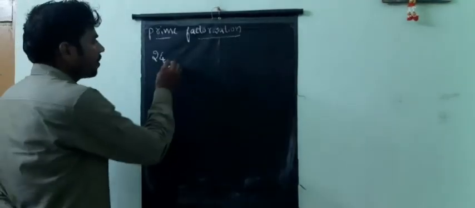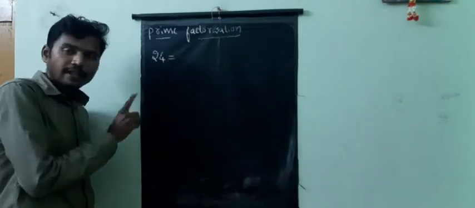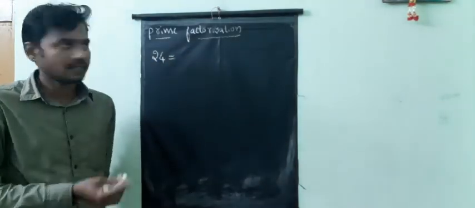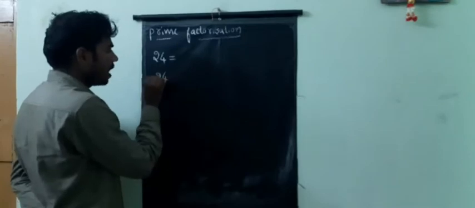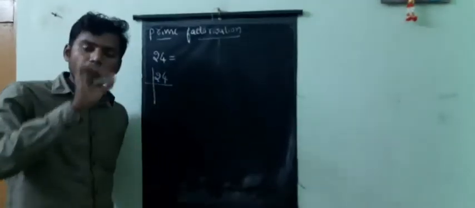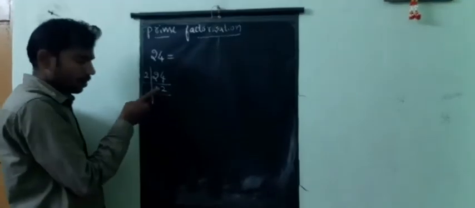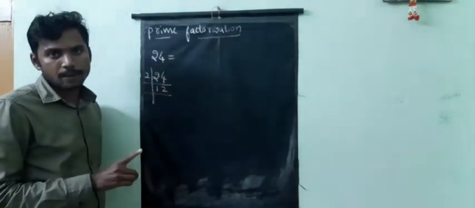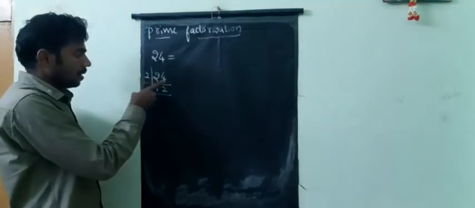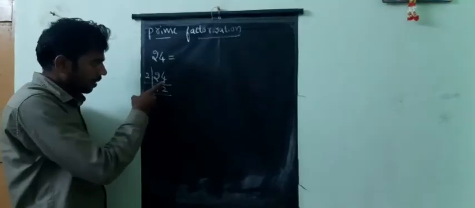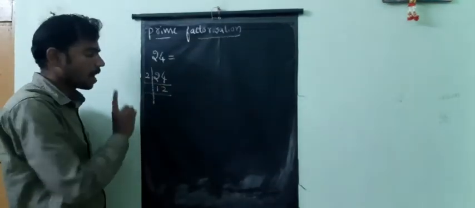The next concept is prime factorization. What do you mean by prime factorization? Writing the factors of 24 in terms of prime factors is nothing but prime factorization. 24 can be divided as follows. We should start with the smallest prime number, which is 2. 2 12s are 24. The number is ending with 4, hence I can start with 2.